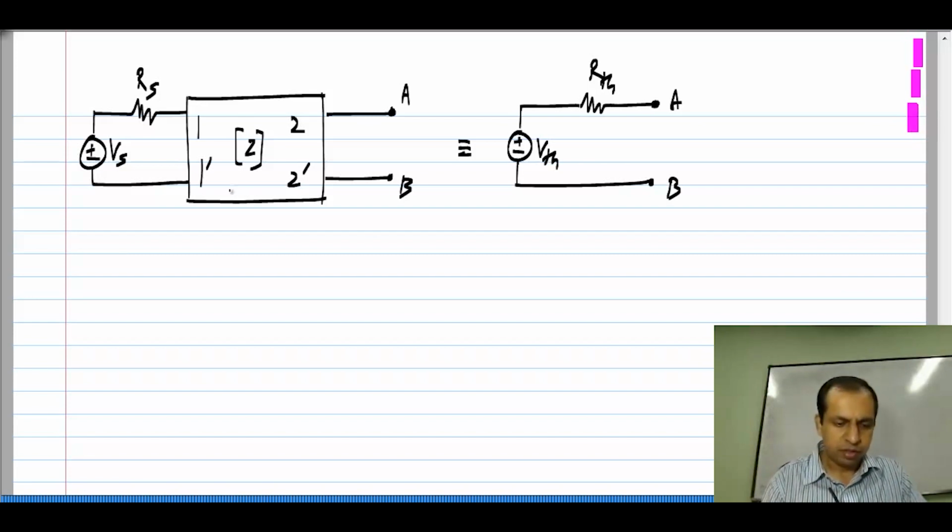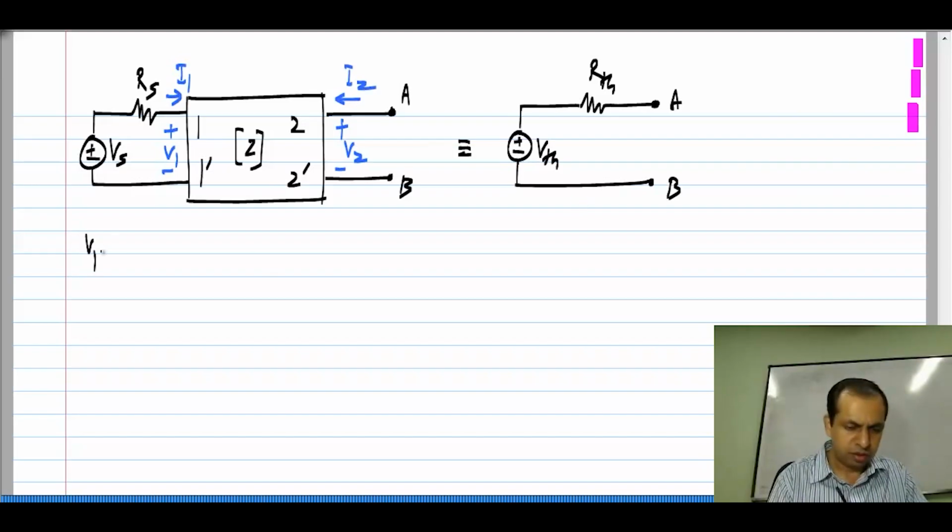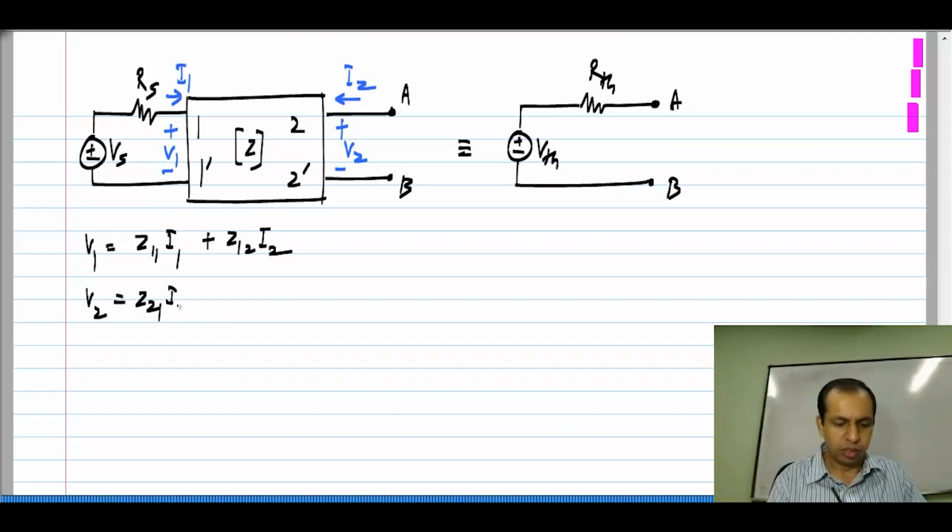So, what will I have? I will have this V1, I1, V2, I2, and I know that V1 is Z11 I1 plus Z12 I2, V2 is Z21 I1 plus Z22 I2.